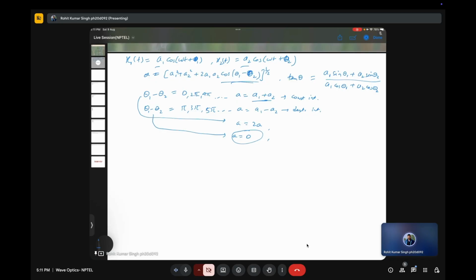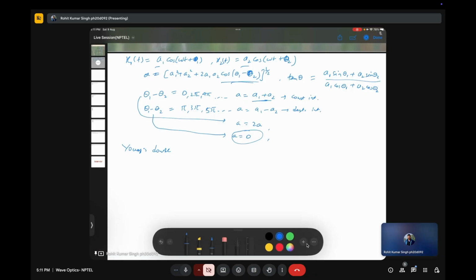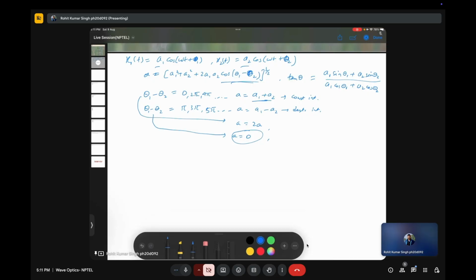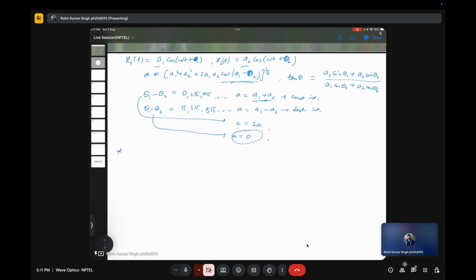So let's recap the double slit experiment, Young's double slit experiment. I will not go into much detail, I'll just briefly recap.